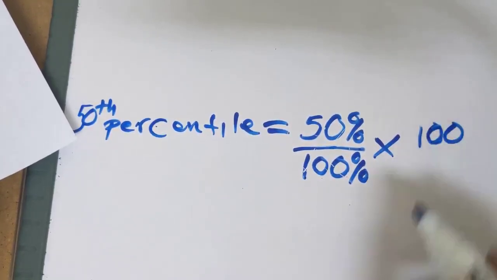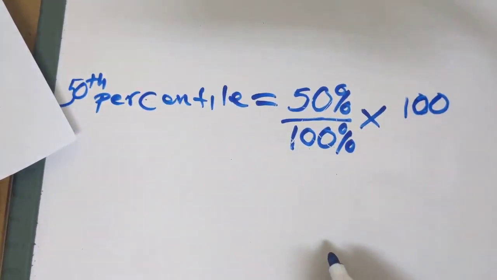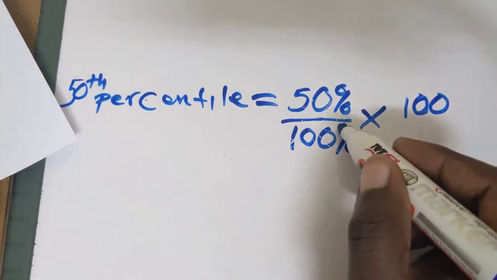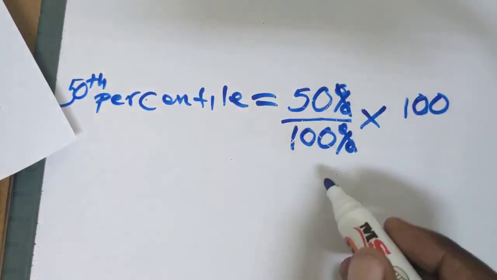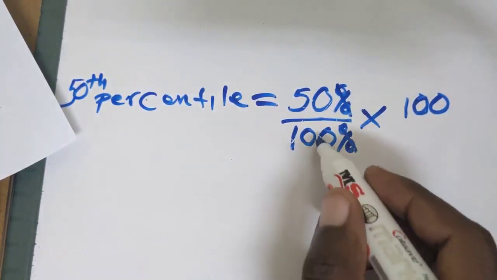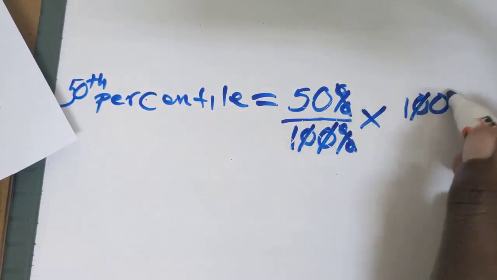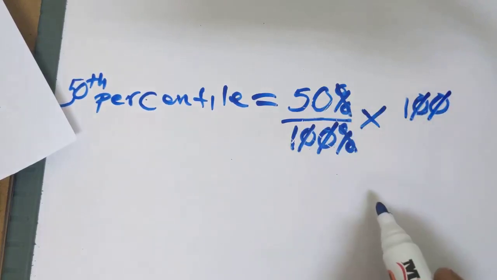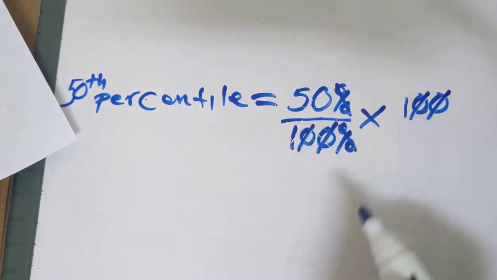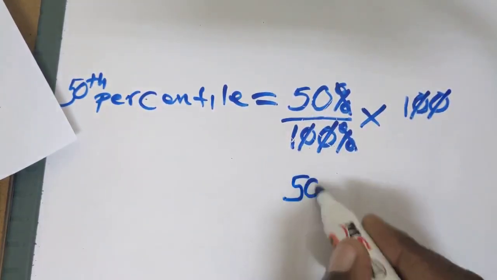So this percentage goes, that percentage goes. Then you start dividing. So this 0 goes with that 0, this 0 goes with that 0. So you have 50 times 1, that is just 50.